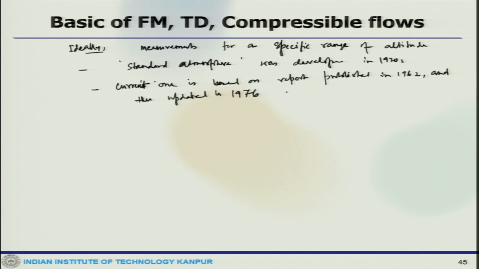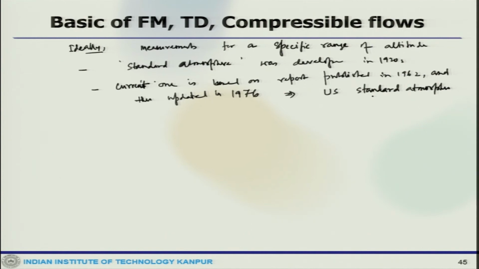So, this is the so-called US standard atmosphere. That is an idealized representation of the middle latitude, year-round mean condition of Earth's atmosphere.